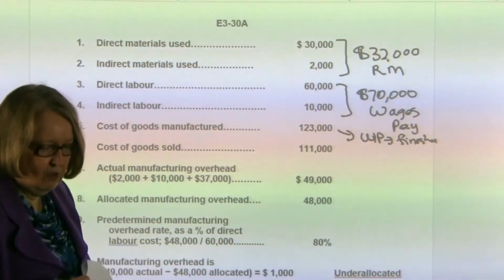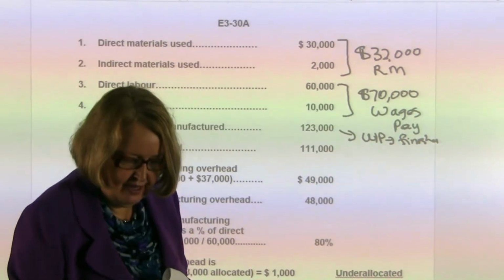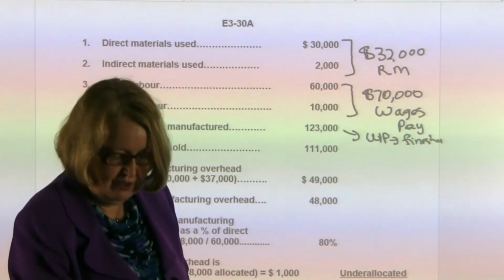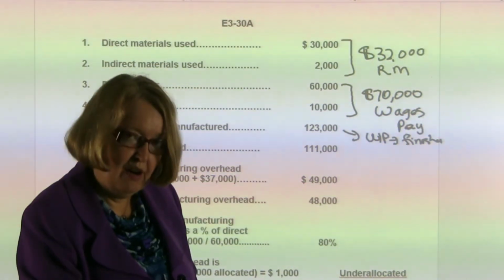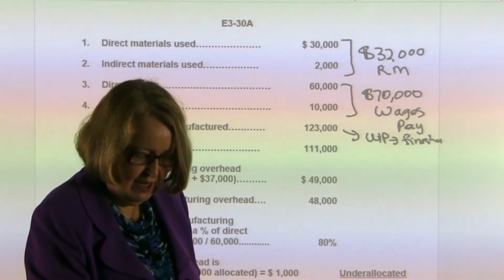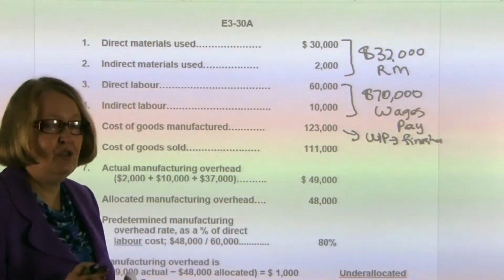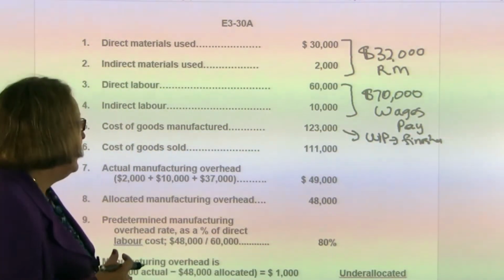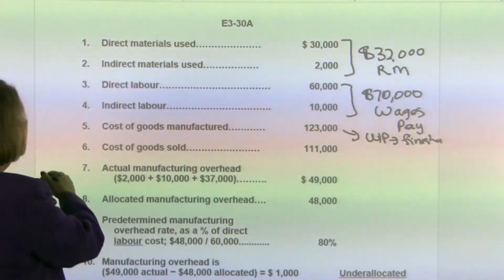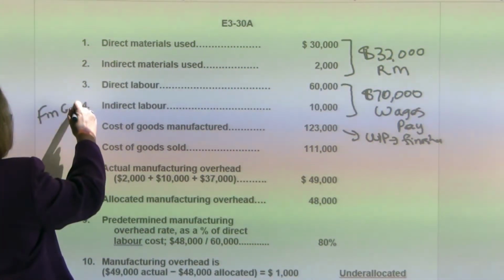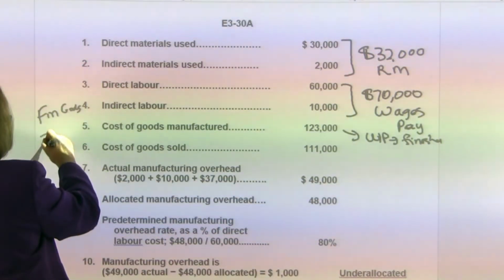The cost of goods sold, the 111,000, if you look at your T account for finished goods, you'll see a credit there of 111,000. What that's telling you is, if something is coming out of finished goods, remember finished goods is an inventory account, that's inventory.